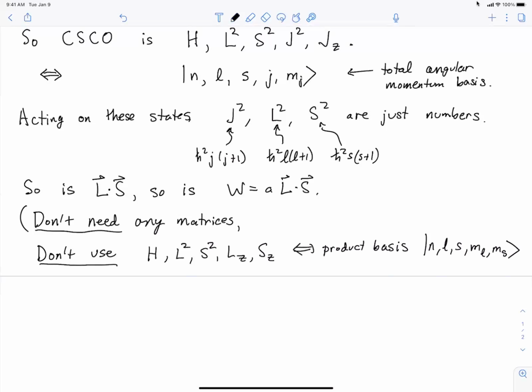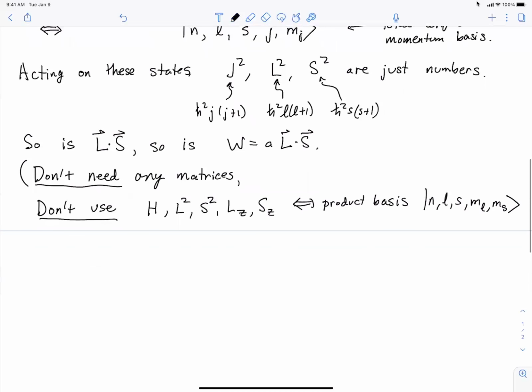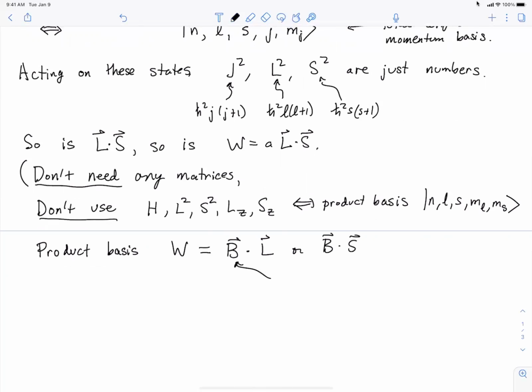Okay, and then what use is that basis? That basis is useful when you have something like the following. Suppose my perturbation Hamiltonian was something like a constant magnetic field dotted into L, or a constant magnetic field dotted into S. Then I choose my constant magnetic field to be in the Z direction.